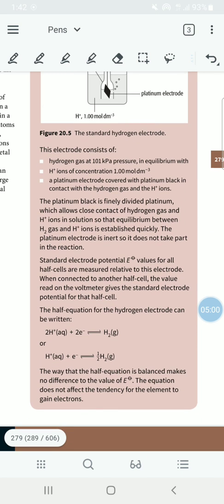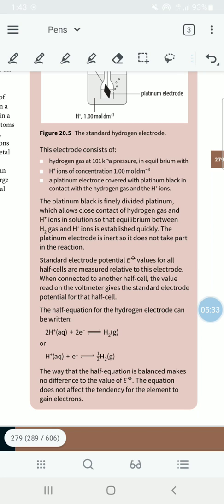So the half equations for the hydrogen electrode would be the formation of H2, and then vice versa, that is hydrogen becoming H plus, right? So that is also something that you must remember. So this is 2H plus plus 2e giving H2, and the reverse reaction you have to understand and remember.